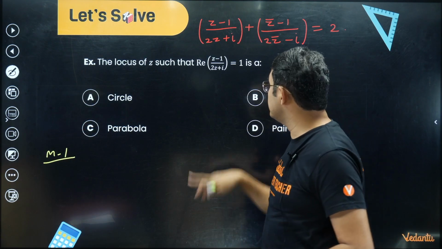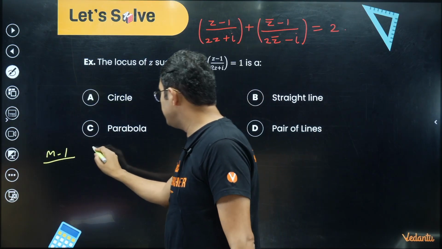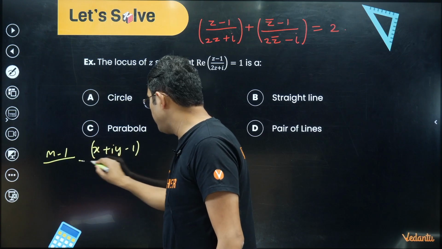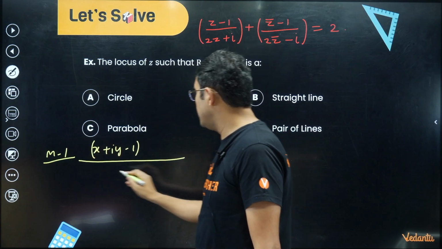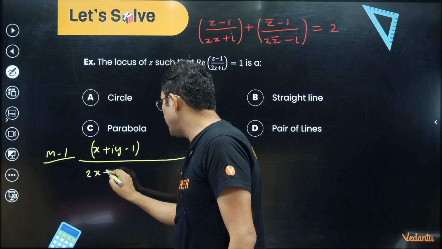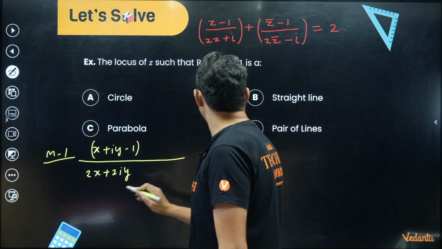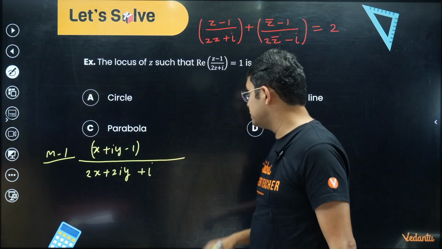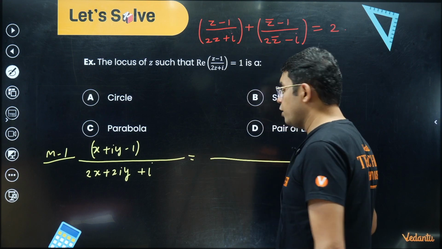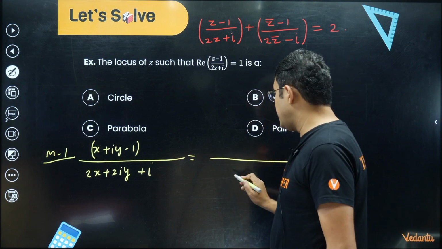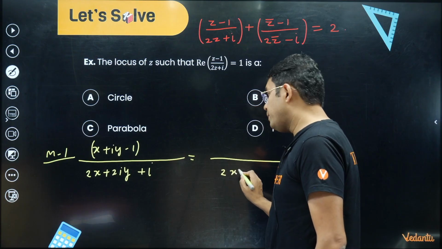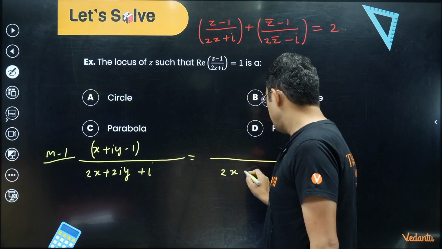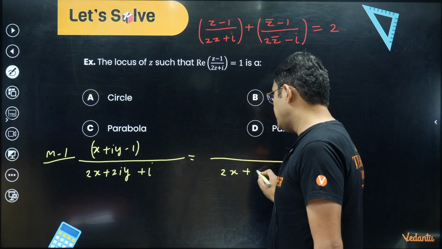I will come to that calculation later on, but let me do this question by some other method, by taking z equal to x plus iota y. For this complex number, the numerator would be x plus iota y minus 1 and in the denominator it will be 2x plus 2 iota y plus iota. Now we are looking for its real part, so it will be better we write this in the form of x plus iota y. For that we will be multiplying and dividing by the conjugate of the denominator, a very standard technique.